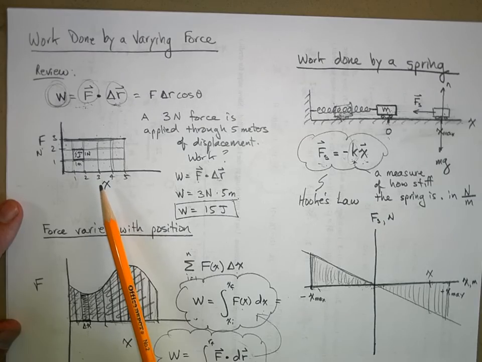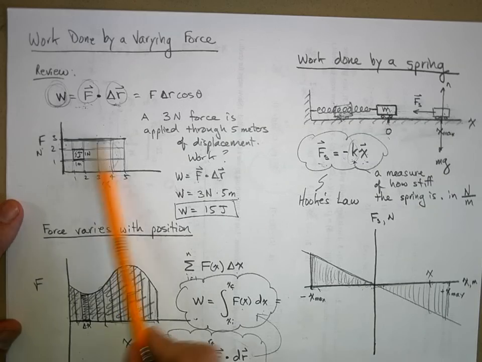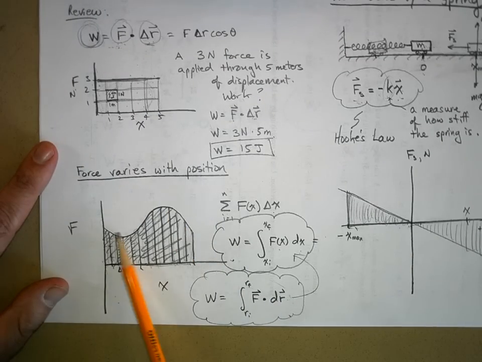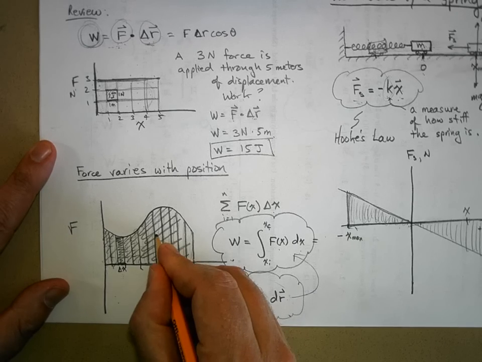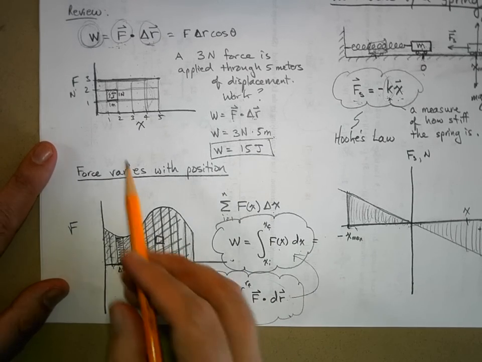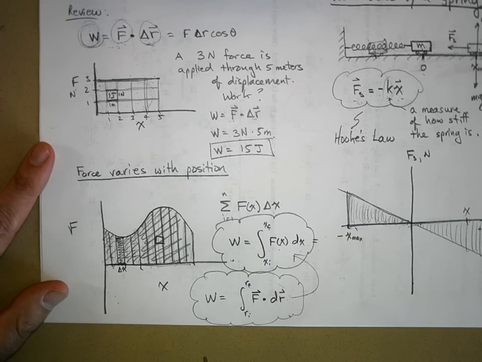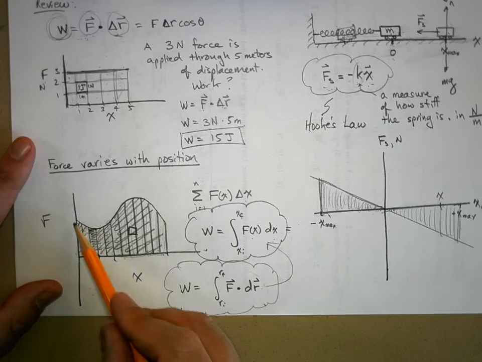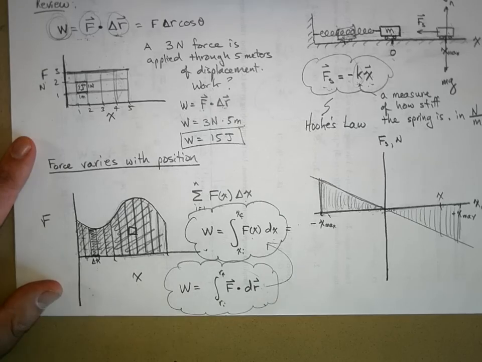That's the work done by the force. If you have a varying force, that's cool. Just figure out what the area is underneath that graph. It'll still work. Each little square under here represents a joule of work. So all you have to do is count the number of squares, but that's kind of tedious. So if we have a function here, we can use integral calculus to determine the area underneath the graph.